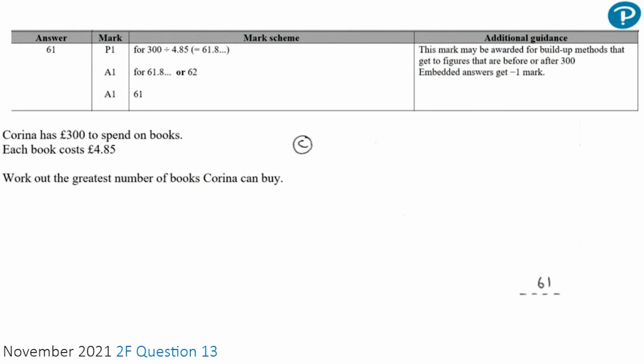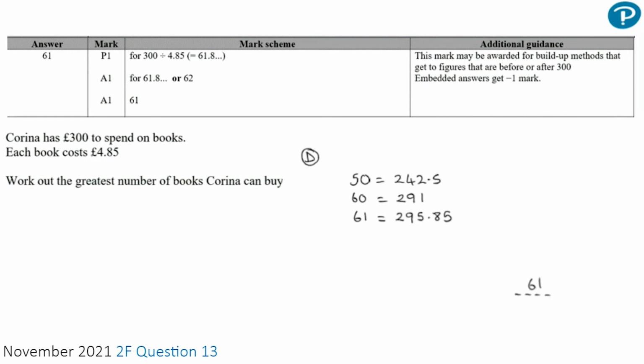So we can imply full marks because it doesn't say show all your working out. All 3. They're only looking for not getting those method or process marks where it says show your working out. So again, 61.